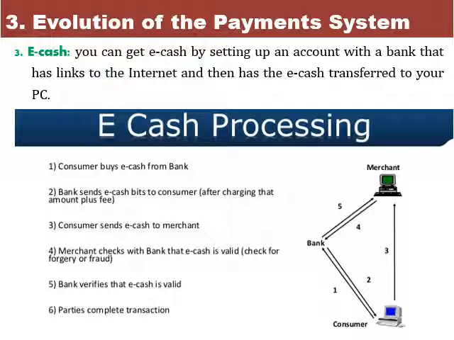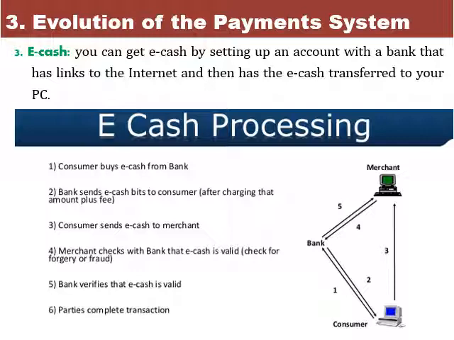So let's look at this graph to explain it in more detail. In step 1, you buy the Ecash from your bank, and then in step 2, the bank sends Ecash to your computer or to your mobile phone in terms of bits. Then in step 3, after choosing what you want to purchase from the store website, you send Ecash to the store or the merchant.